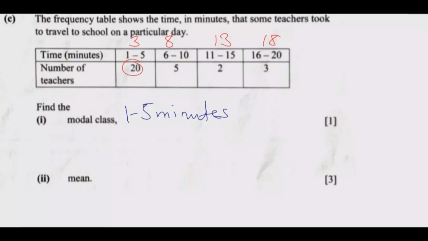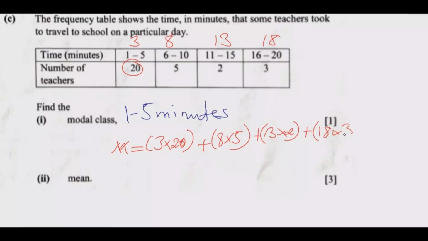So to find the mean, we're going to say M is equal to, open bracket, 3 times 20, the number of teachers who came between 1 minute and 5 minutes, plus 8 times 5, or 5 times 8, it's okay, plus 13 times 2 plus 18 times 3, like this.